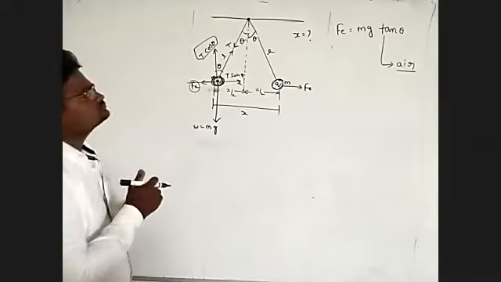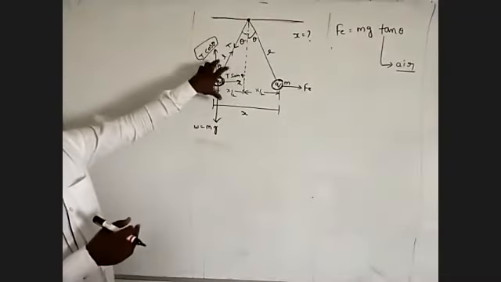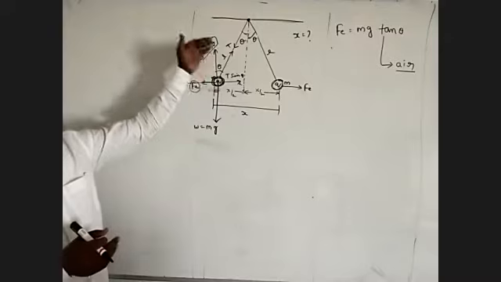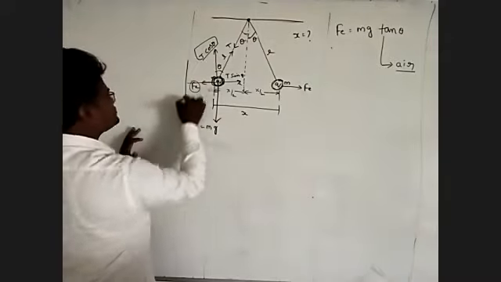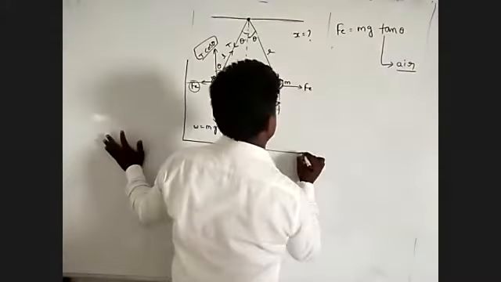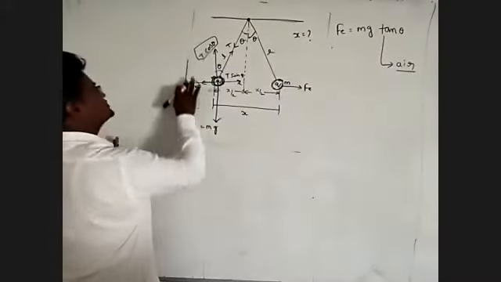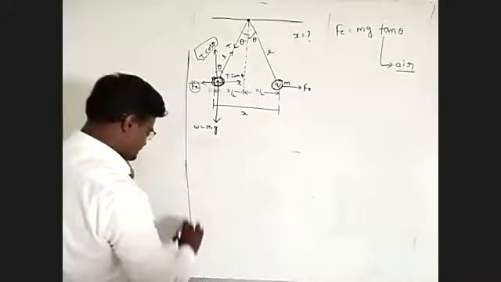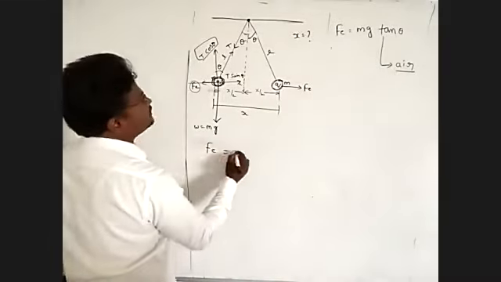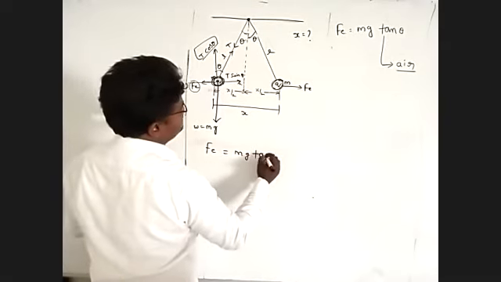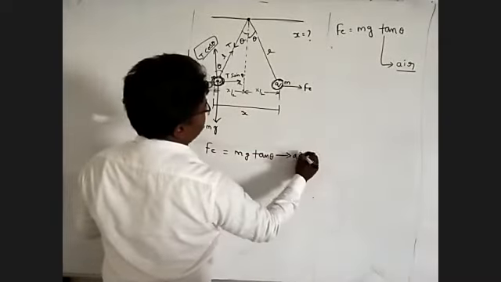Now this experiment is placed completely in a liquid. Suppose this is a liquid and this is air. In air, Fe is equal to mg tan theta.